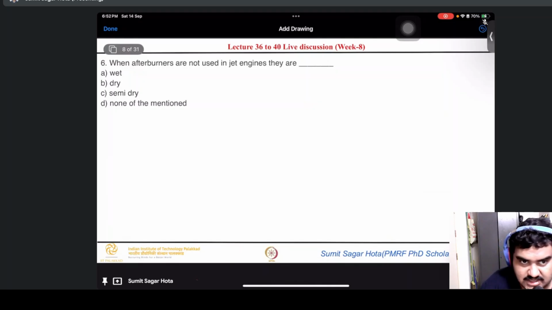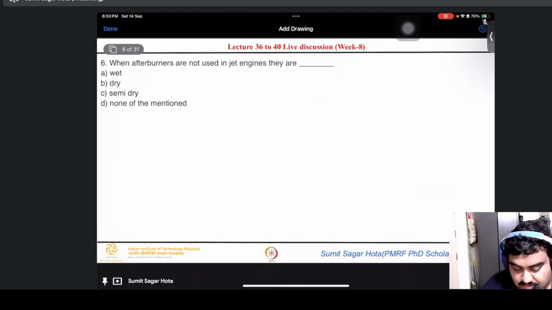When afterburners are not used in the jet engines, they are dash. Where are these afterburners placed? If you know that location, then this answer will be easy.